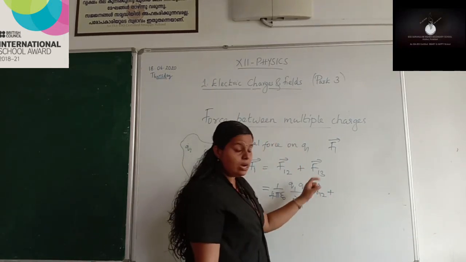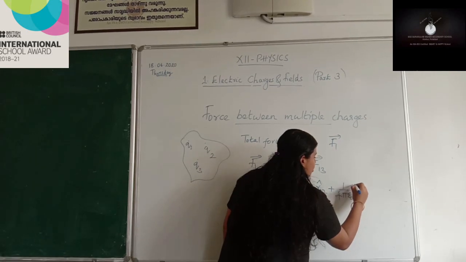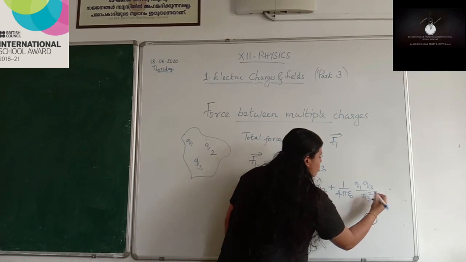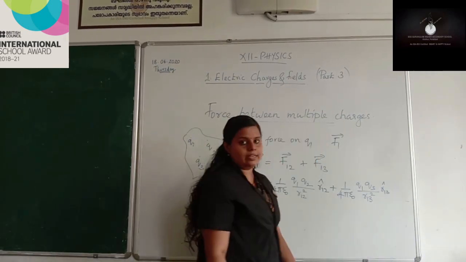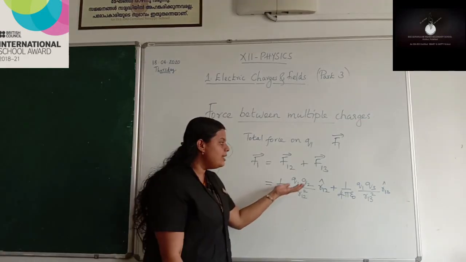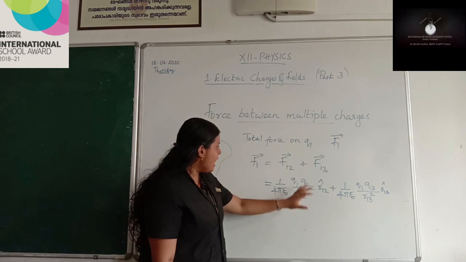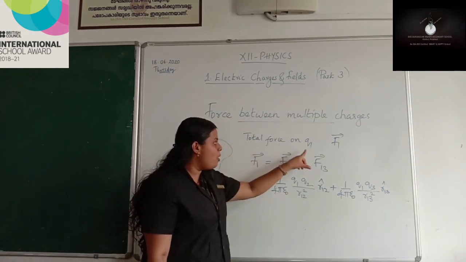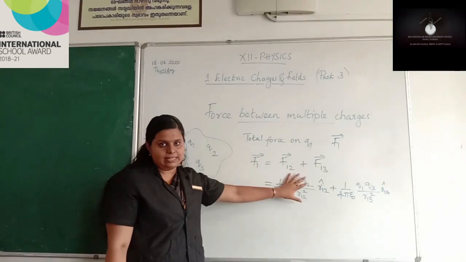Then what about F13? It is 1 by 4 pi epsilon 0 Q1 Q3 divided by R13 square into unit vector R13. So here you have to recall the vector form of Coulomb's law. So we can represent the total force on Q1 due to charges Q2 and Q3 like this.